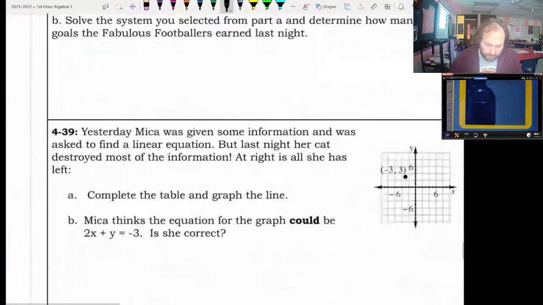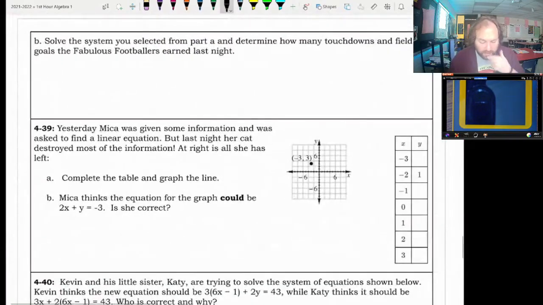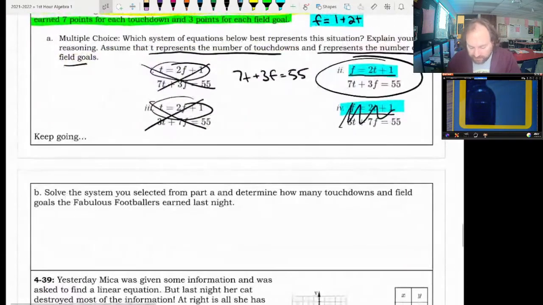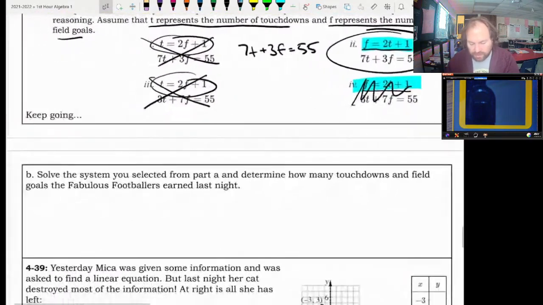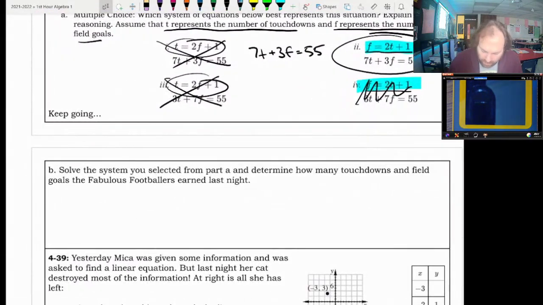So we're going to solve this system and determine how many touchdowns and field goals the fabulous footballers earned last night. We're going to do this by substitution. If we plug in 2t plus 1 for F, we get 7t plus 3 times F, which we replace with 2t plus 1, equals 55.